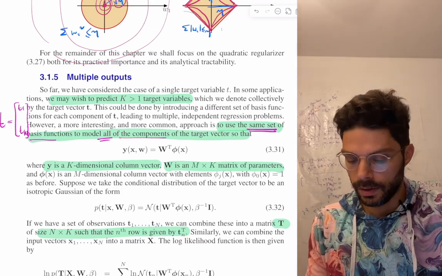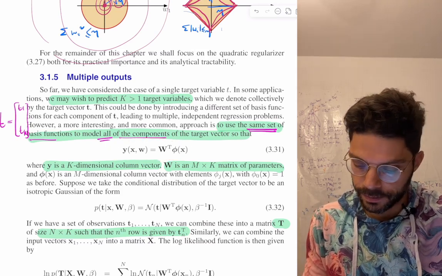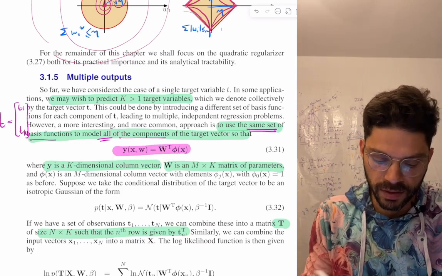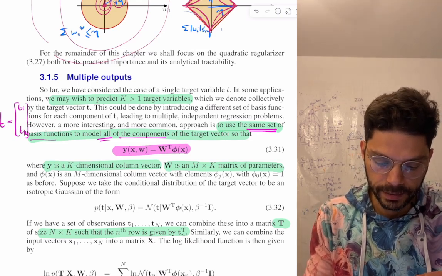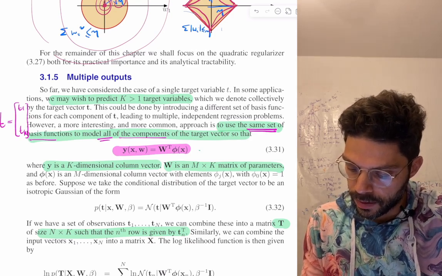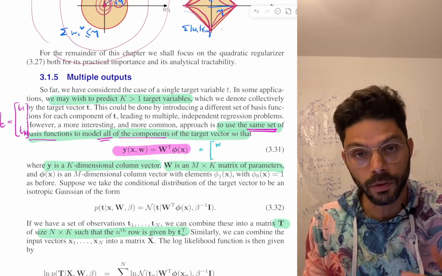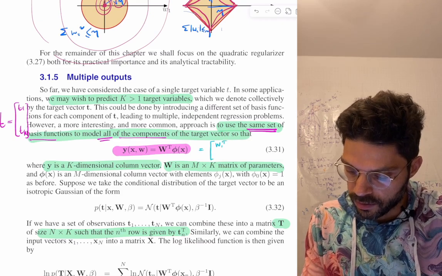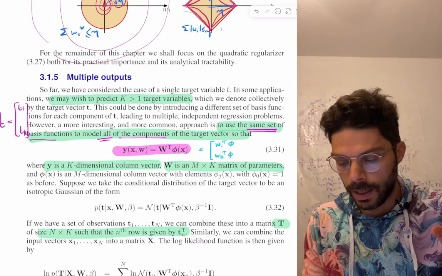And that looks like this picture here. If we unpack what's happening in here, this is going to be equal to W1 transpose times the features, all the way to WK transpose times the same features.